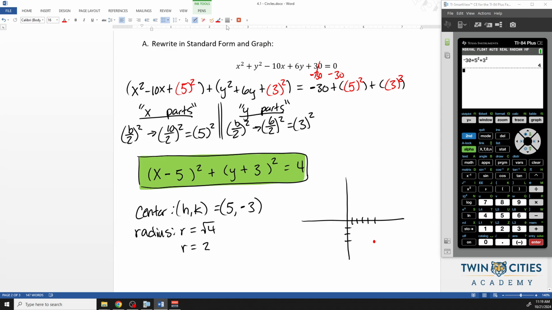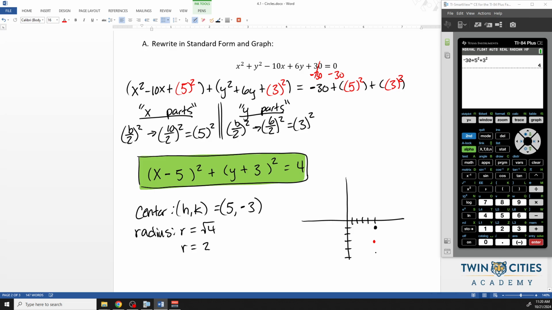Then what I'm going to do is take the radius, which is 2. And if this is the center, then every single point is going to be 2 units away in order to make my circle. Well, the easy way to think of this is go up 2 points from my center. So if I go up 2, I'll go up 1, 2, and I'll make a point right here. Let's go down 2 as well.